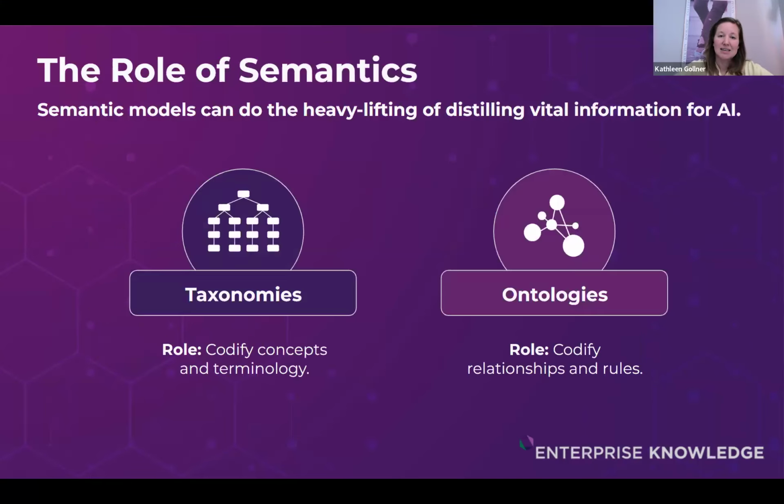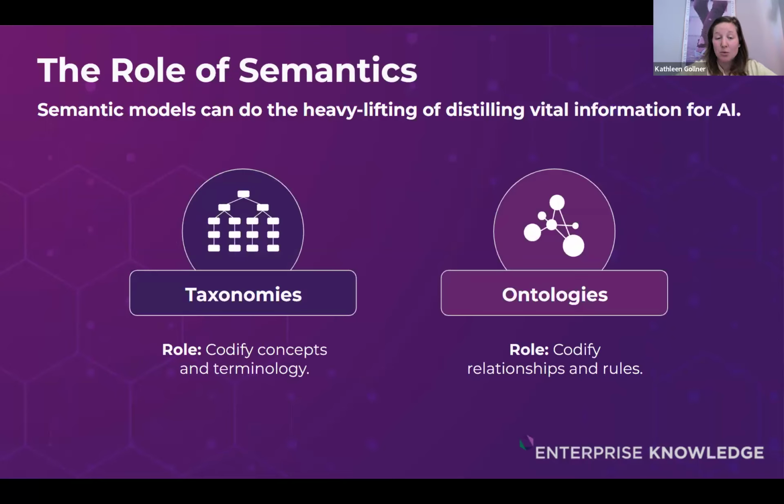So the idea is that we can use semantic models like taxonomies and ontologies to privilege certain types of information and put them on a fast track, or a more direct path, for use by the AI solution. That way we can do a better job of conveying those really important things to the AI solutions.